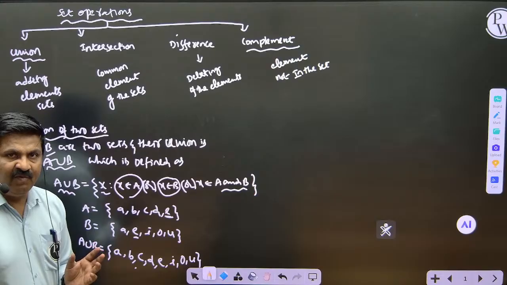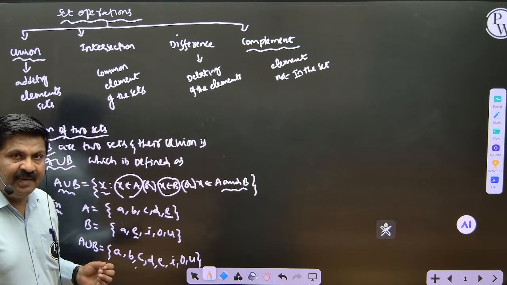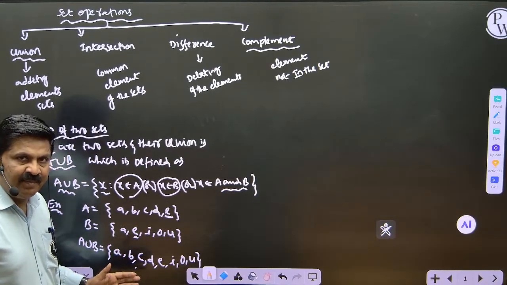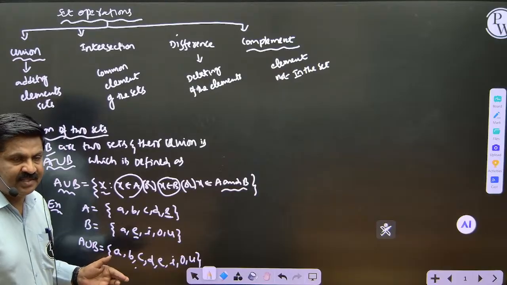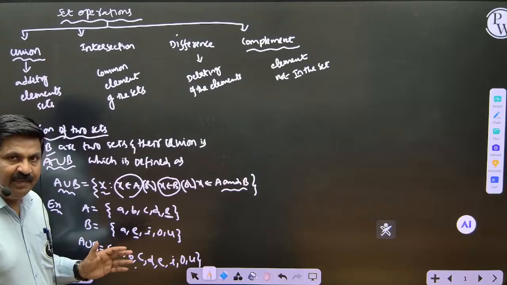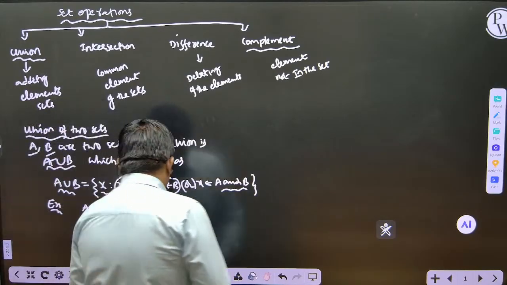If you want to write the elements in roster form, meaning listing of the elements, repetition of the elements is not allowed. So that's why I have written it only one time.